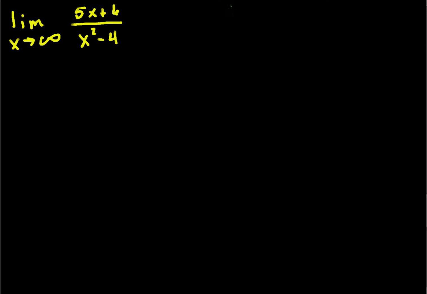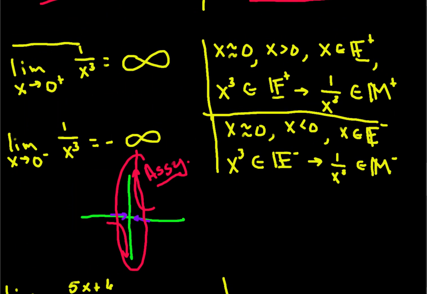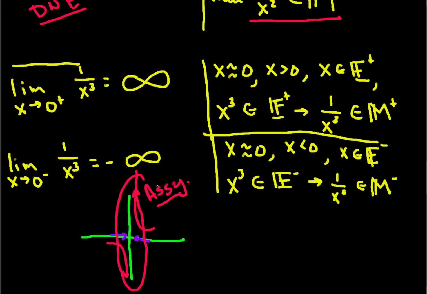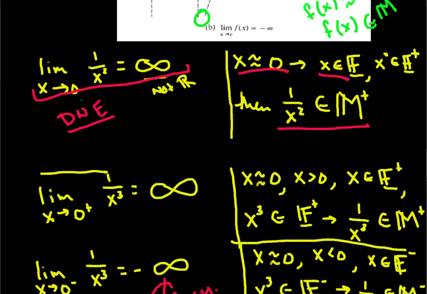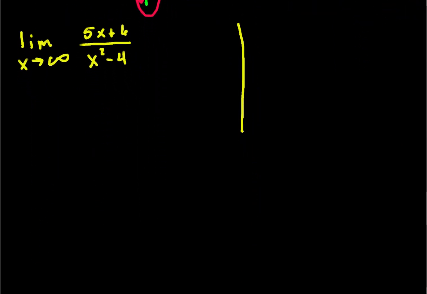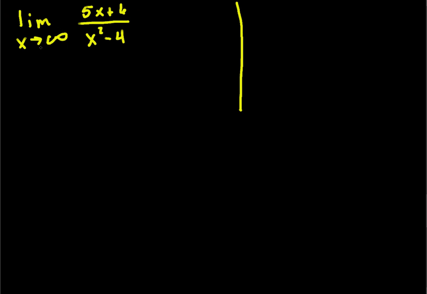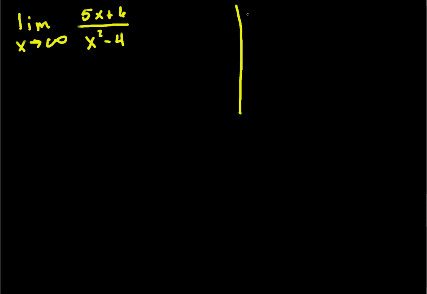So now, unlike the other ones where I let x be infinitely close to 0, because that's where the limit of the input was going, in this case I want the limit as x goes to infinity. It's positive infinity, so my assumption is that x is in the set of positive infinite numbers.